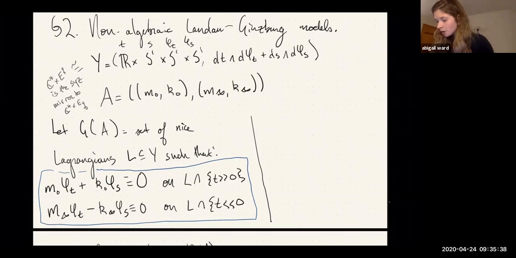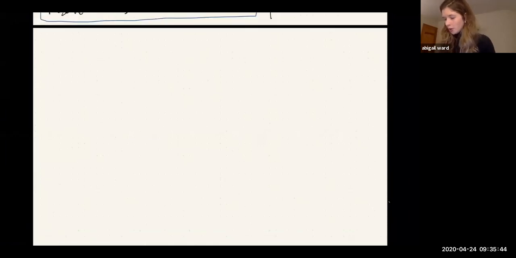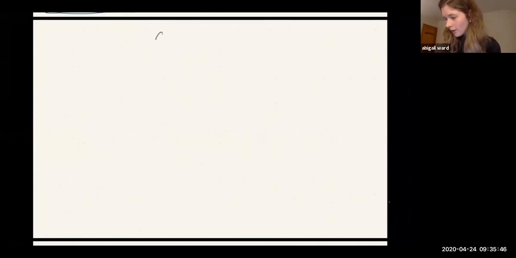So topologically, let me put in a new page. If I have a surface S over a base B, I want to find a neighborhood of the fiber XB.